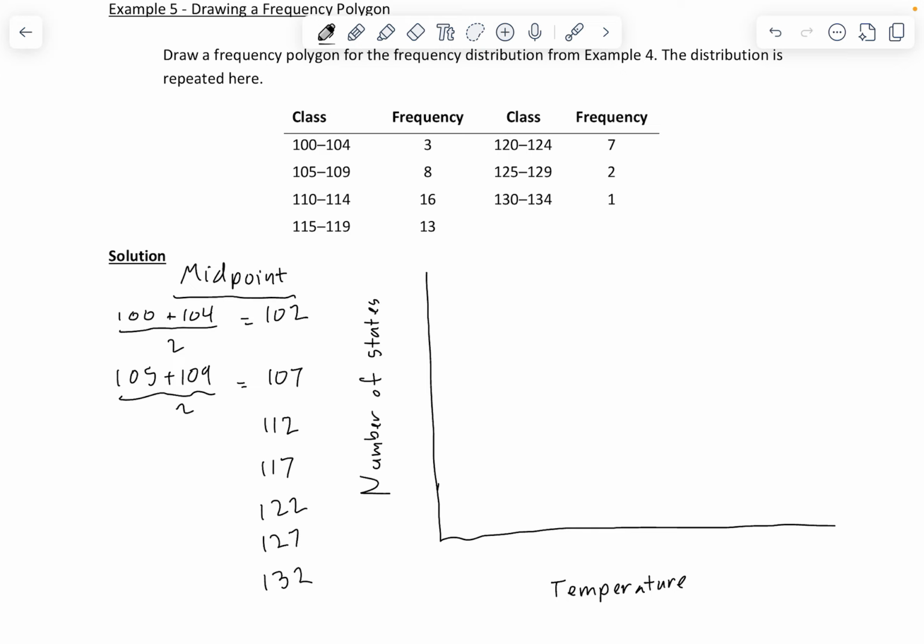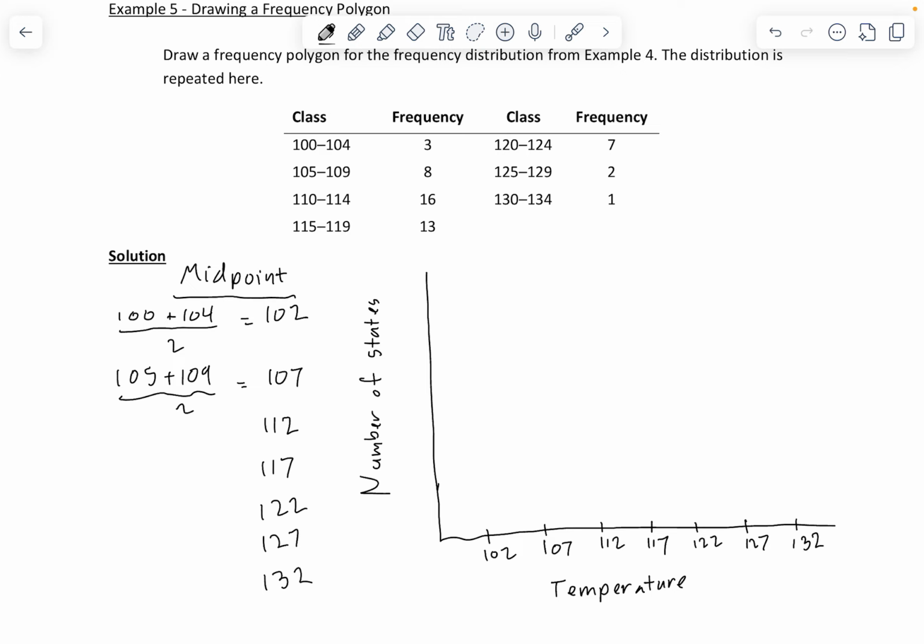And what I want to do along this axis is plot the midpoints. So I'm going to say this is 102, 107, 112, 117, 122, 127, 132.